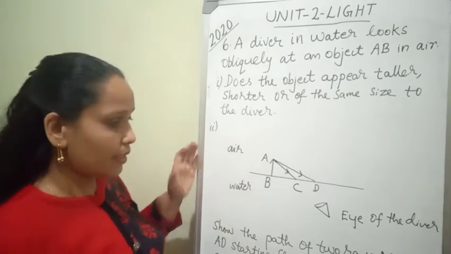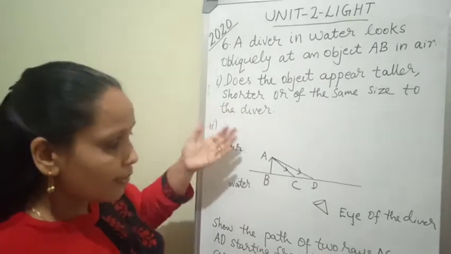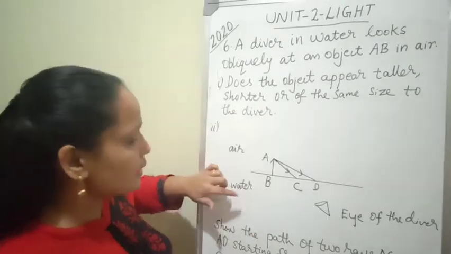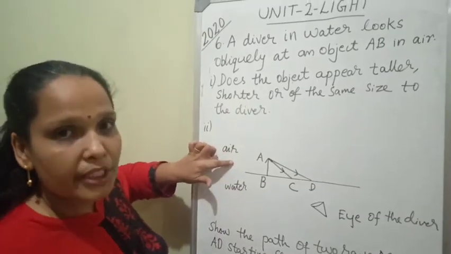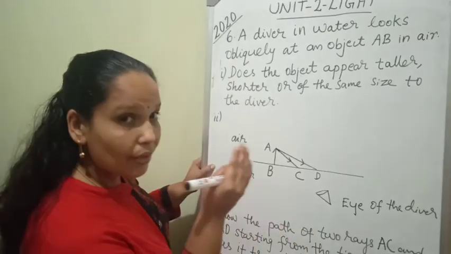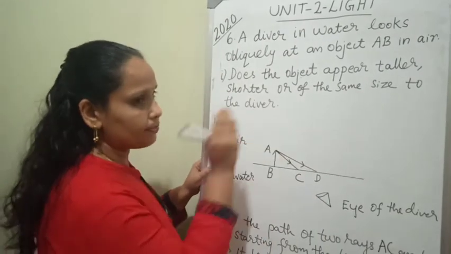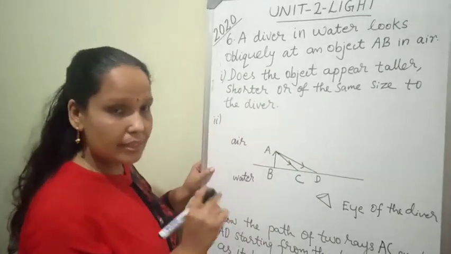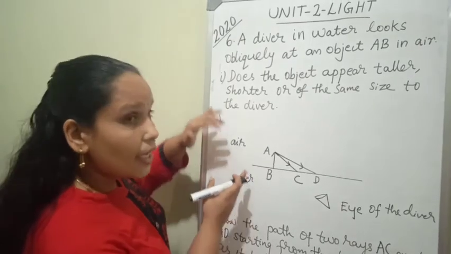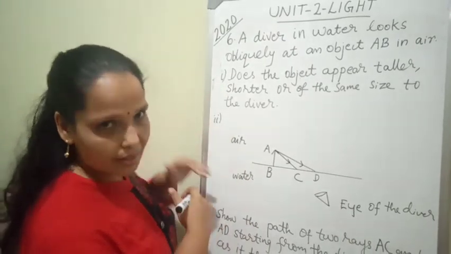So we have learned when we see any object from a denser medium, here this is water and the object is in air, okay, so when we see an object from a denser medium to a rarer medium, what happens? We feel the object is longer or taller.